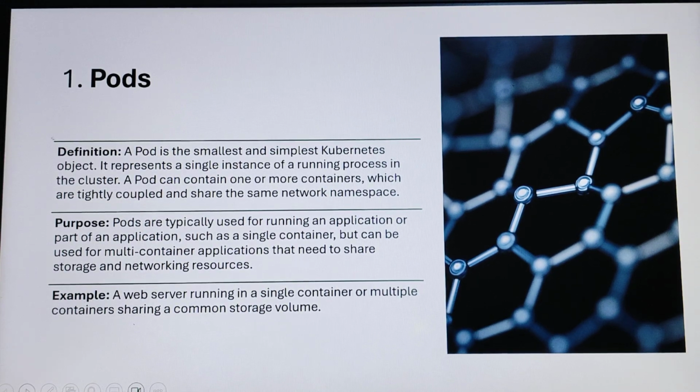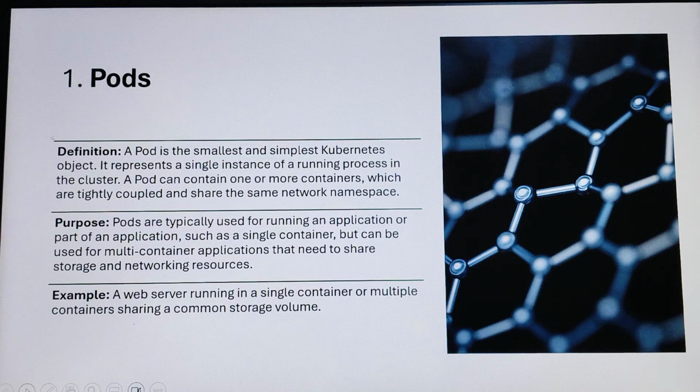First we have pods. A pod is the smallest and simplest Kubernetes object. You can think of it as a wrapper around one or more containers that run together on the same host. A pod is the fundamental unit of deployment in Kubernetes.